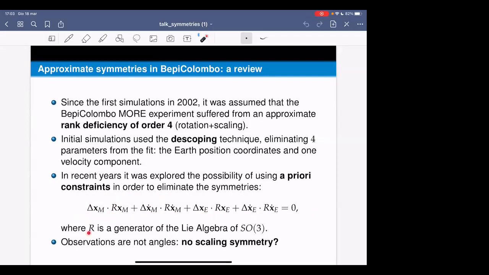Here R is the generator of the Lie algebra of SO(3), and this relationship between these parameters is again aimed at blocking all rotations.